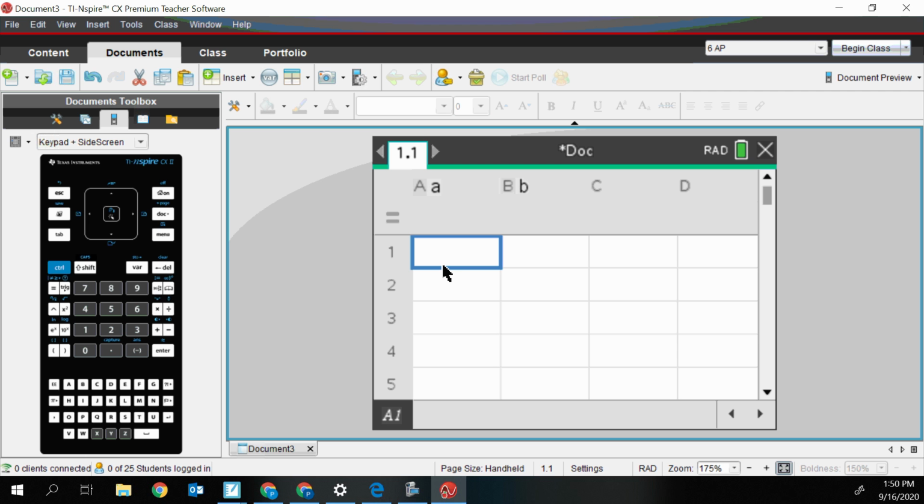And then you'll want to be looking at your packets so you can fill in the table as you go.